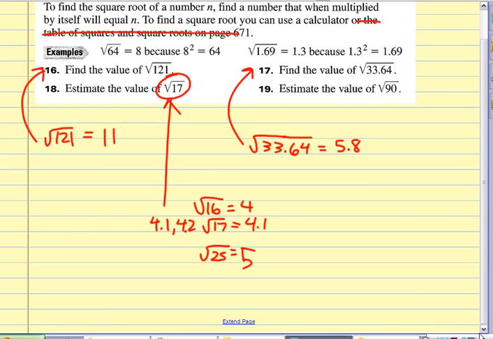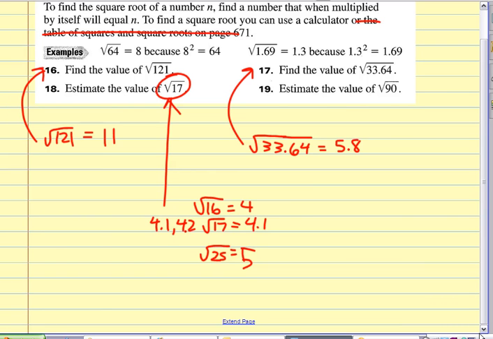He said 4.1. Okay? Andrew, can you give me an approximation what it says on the calculator for the square root of 17? Okay, let me ask Sophia. Sophia, can you give me an approximation for the square root of 17 on the calculator? Can you do that for me?